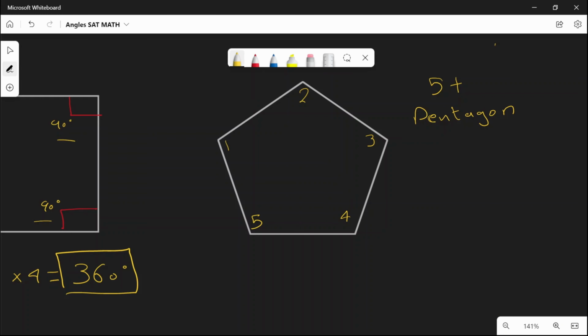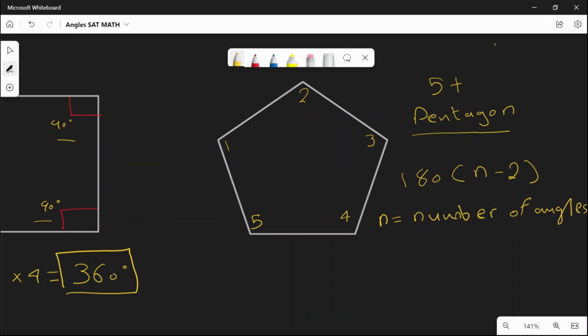Now, how can we know the total angle measurement of a pentagon shape? You should know a formula that we can apply to know the total angle measurement of any polygon with 5 angles or more, which is 180 multiply n minus 2, where n is equal to the number of angles.